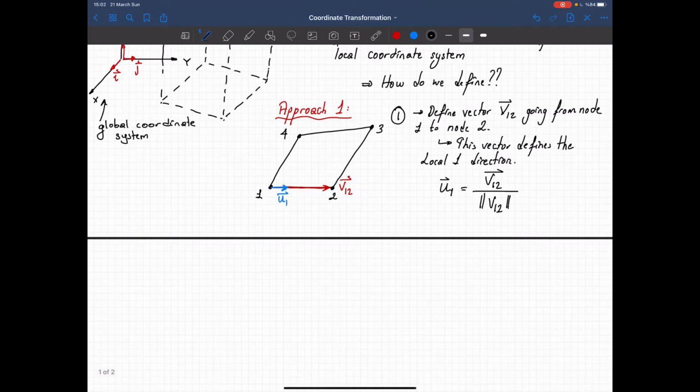Now the second step: define vector v13 going from node 1 to node 3.